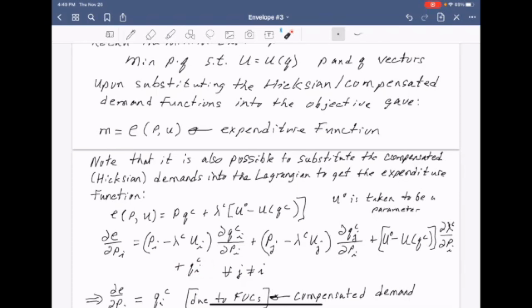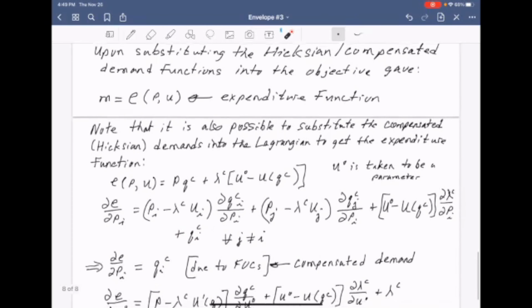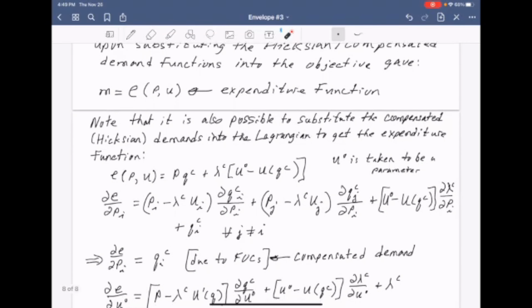All right, and you can remember that by just thinking, where does this come from? Well, if this is PQ, you take the first derivative with respect to P, which gives you QC, and then you have P times the first derivative of QC with respect to P. But when we take the derivative of this little component, we get just the QC back.